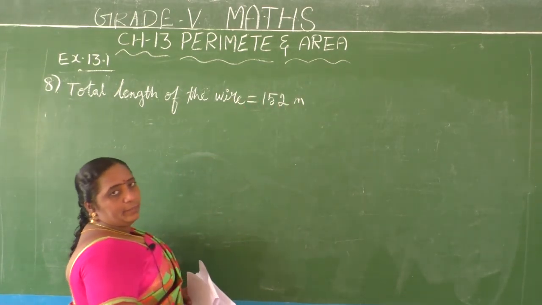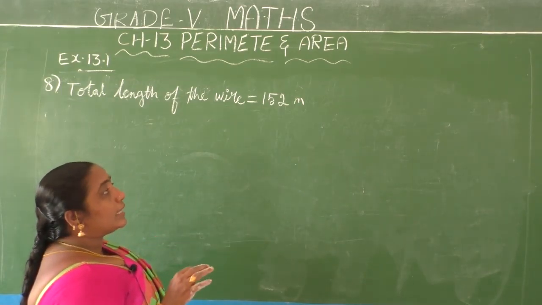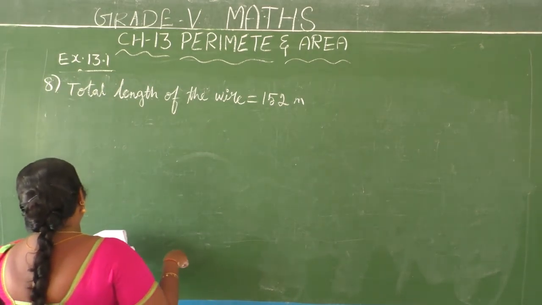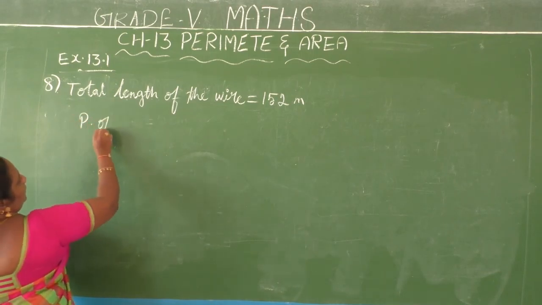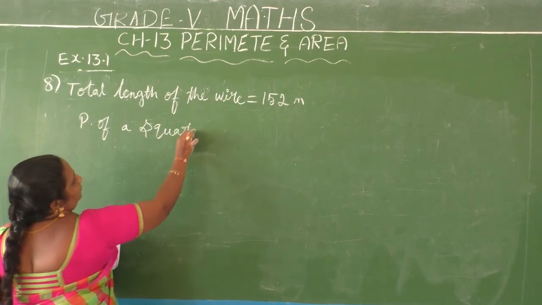It's a perimeter because it's the total length around that field. What kind of field? What shaped field? Square shaped field. So perimeter of a square, what is the formula?